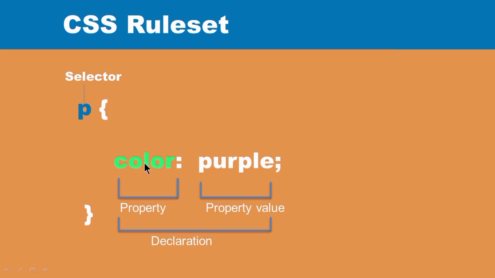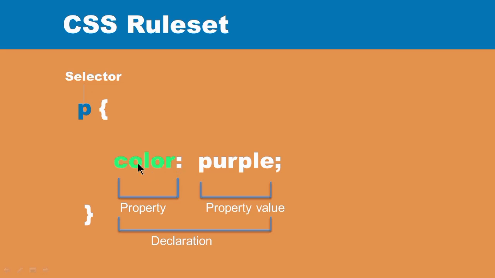That means I'm going to change the color of all elements that have the P tag. So the color is referred to as a property, and then you use a colon. It's very important. You have to separate the property from the property value with a colon. You can see this colon here.